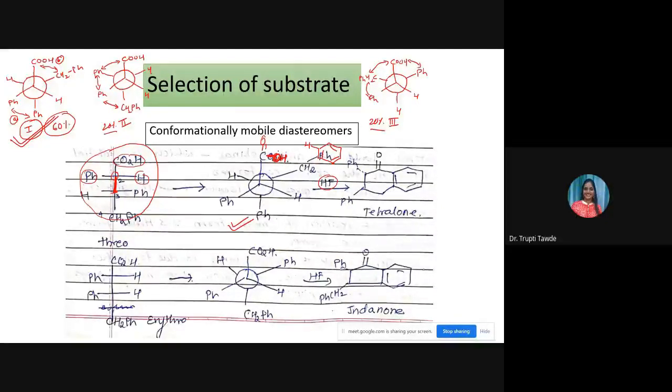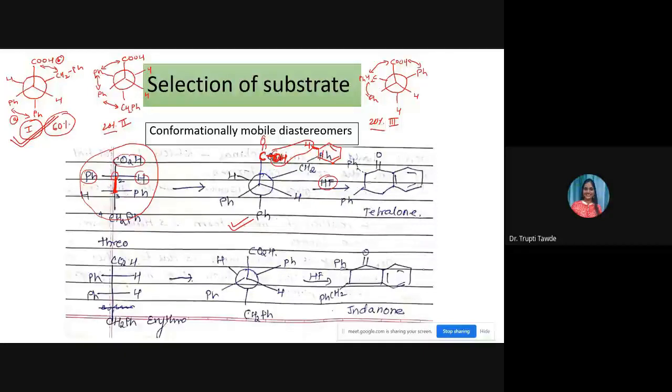So what will happen? They will undergo the loss of a water molecule. This water molecule will be lost, condensation will happen. So now what I'll get, this C double bond O will be bonded to this benzene ring with the loss of the water molecule.